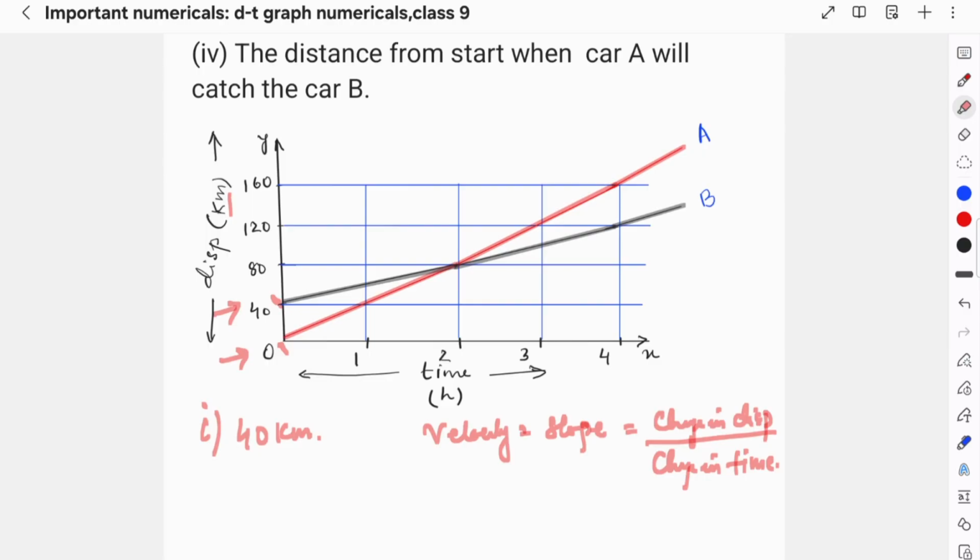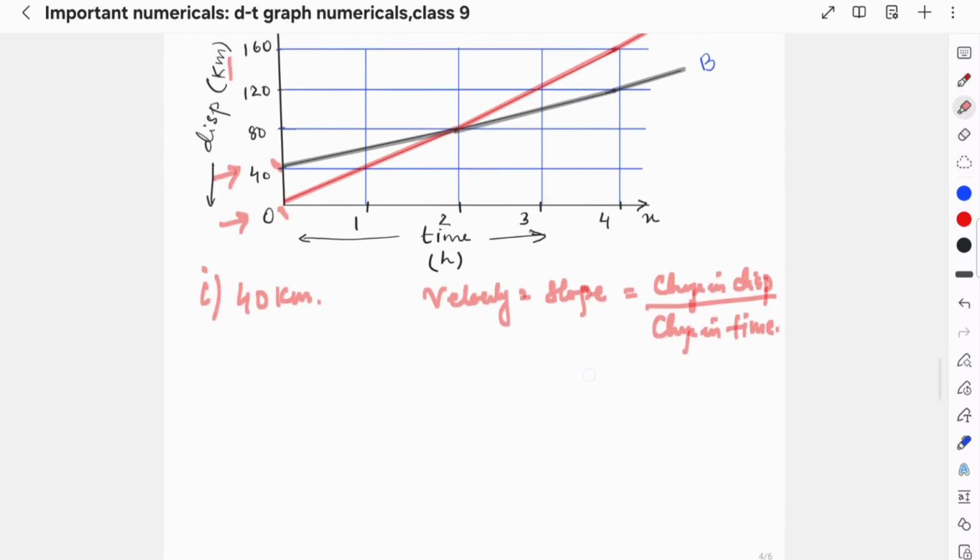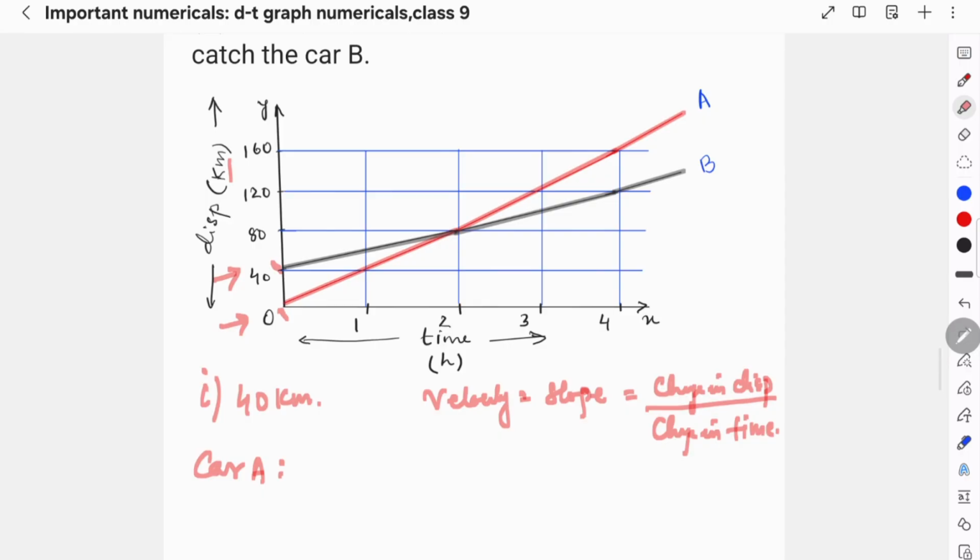So let's find the velocity of car A. The car is starting at 0, and if we take the time interval from 0 to 2 hours, it has traveled 80 kilometers.